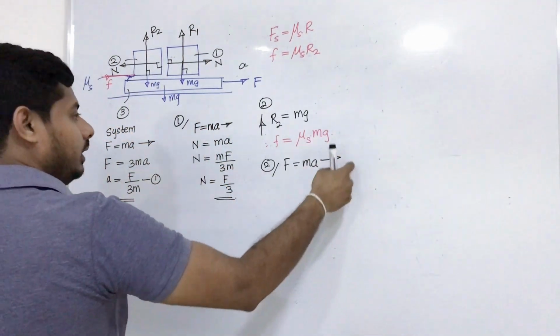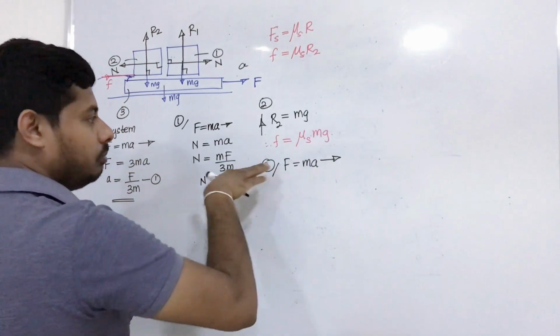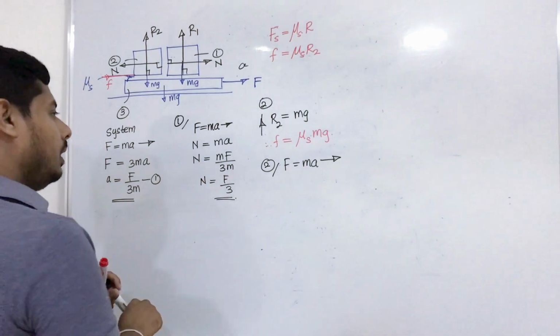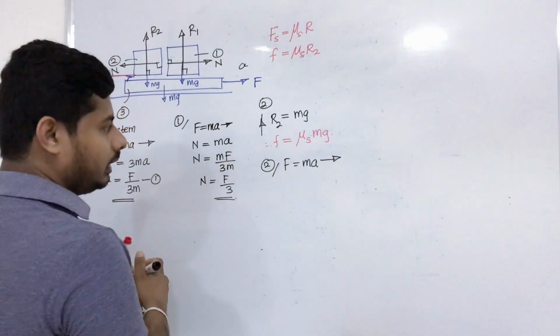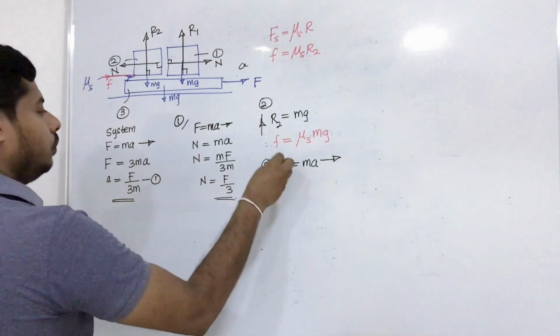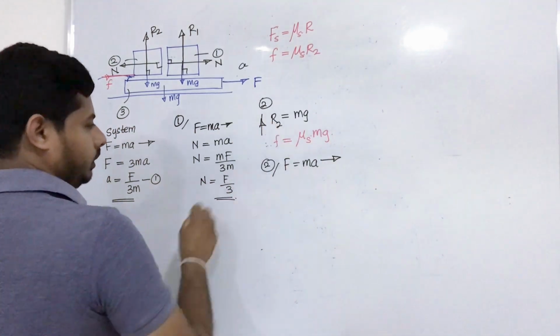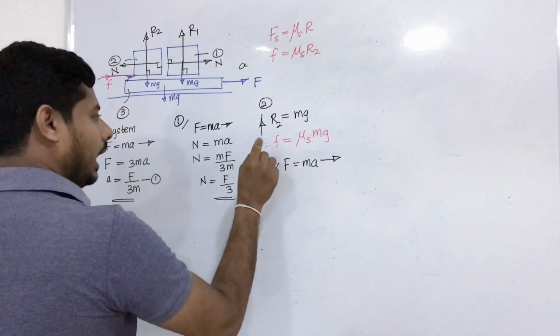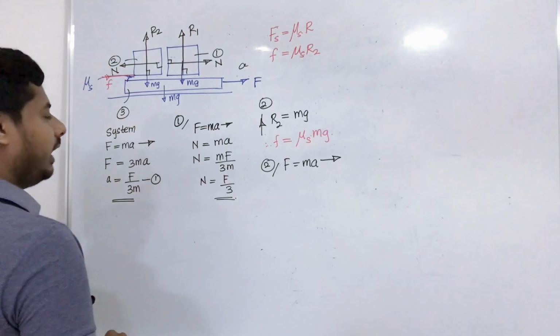So I have to apply F equals ma in the moving direction, not the other direction. You can apply it in any direction, it's no issue, but it is easier to understand if you apply it in the direction of motion. So we will consider the total external force acting in the direction we are considering.